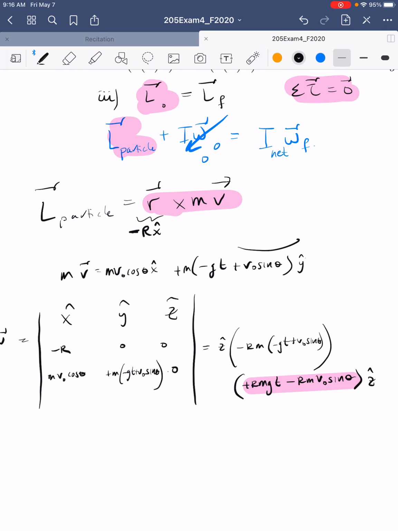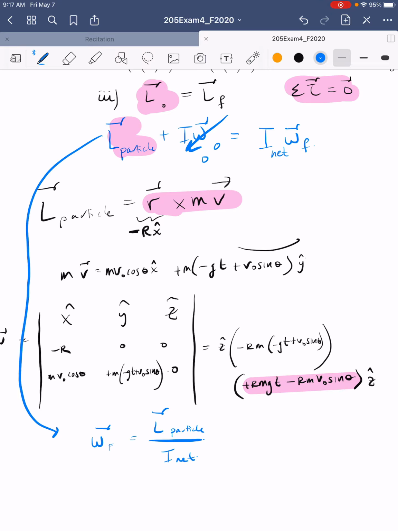It's the only term. And then finally, I'm going to be solving for omega final. Let me bring that down through here. Omega final will be equal to the angular momentum of the particle, which I just found before it collides, divided by the net moment of inertia.